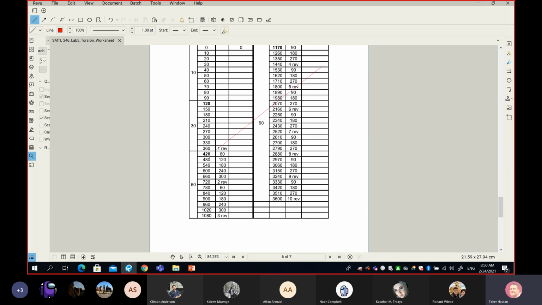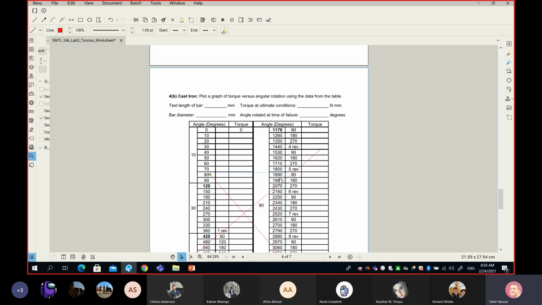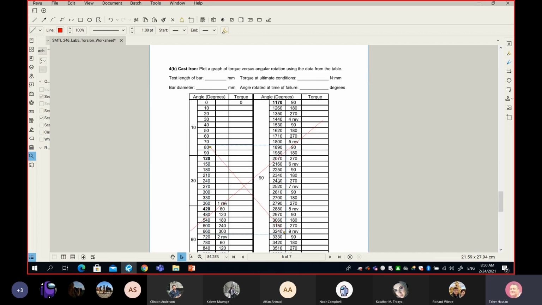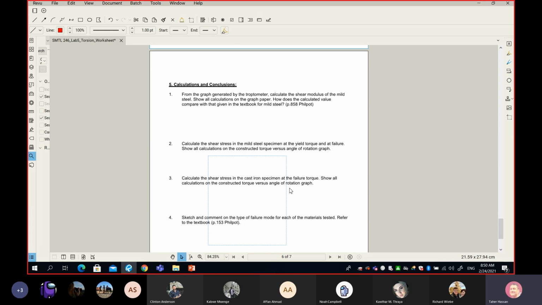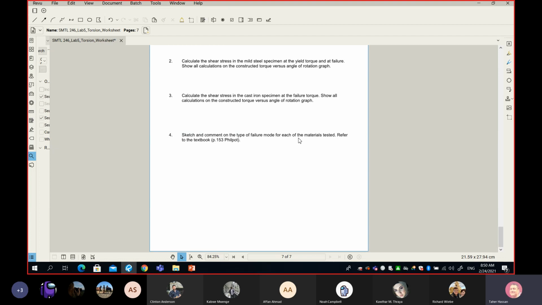We used to ask our students, when they attended the normal lab, to fill them in themselves from the machine, taking the torque and the angle themselves. Those are not required. What you are required to do is the last page. You can see the last page. It's calculations where you have to find the G, the stress, and finally the sketch. So basically, your lab questions are on the last page.